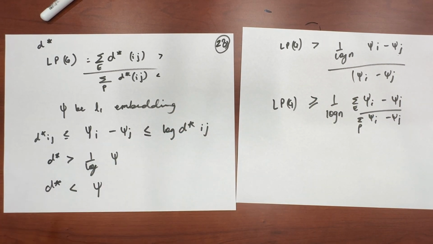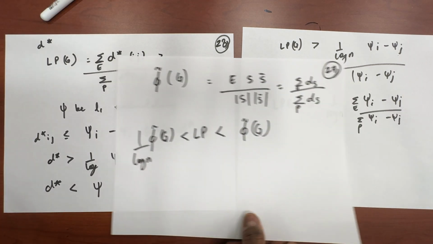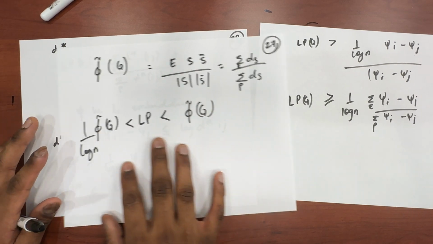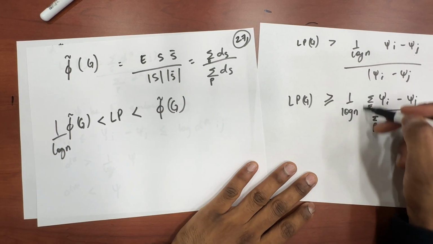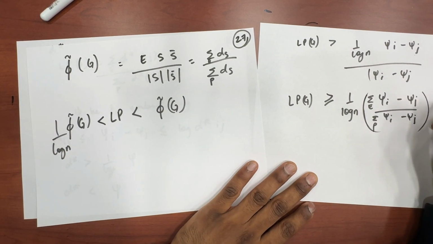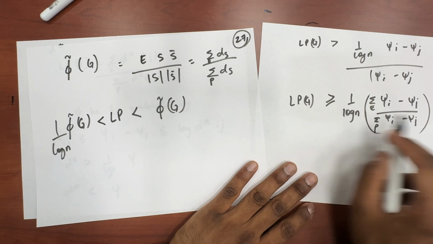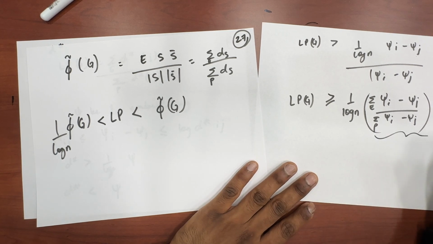So what we are trying to show is that LP is greater than this thing. We need to show that this quantity is greater than phi tilde of G somehow. If we are able to reason about this, then we are done.